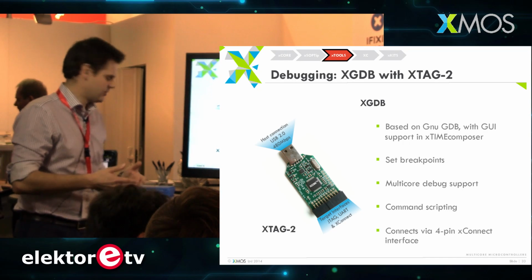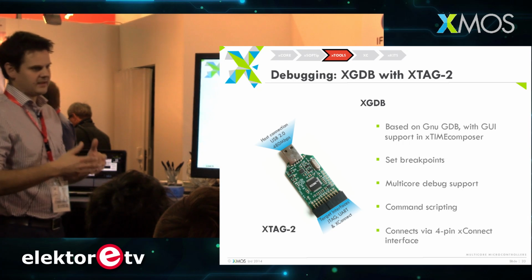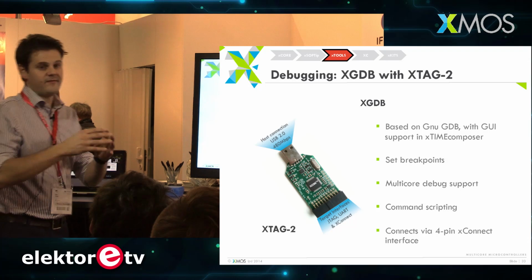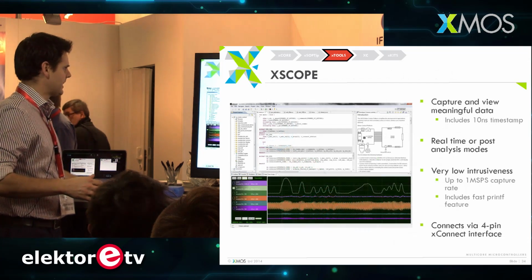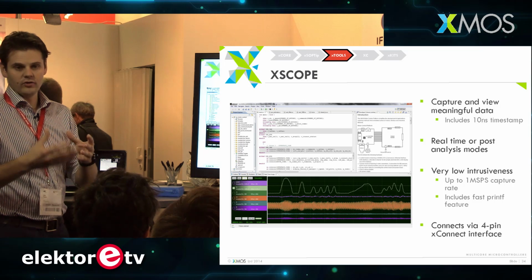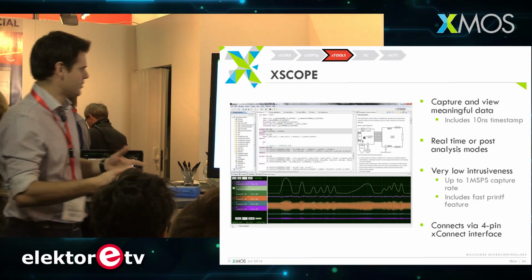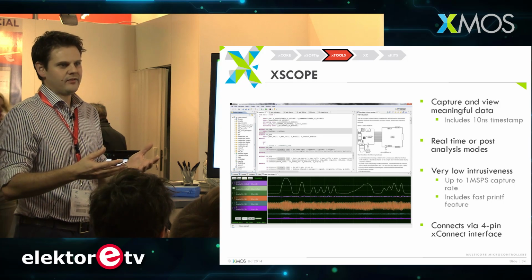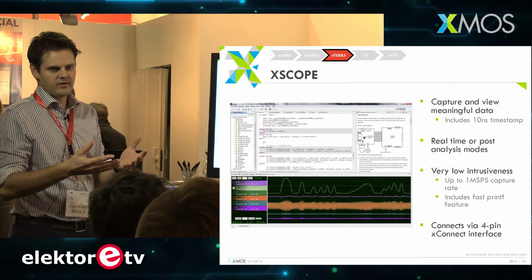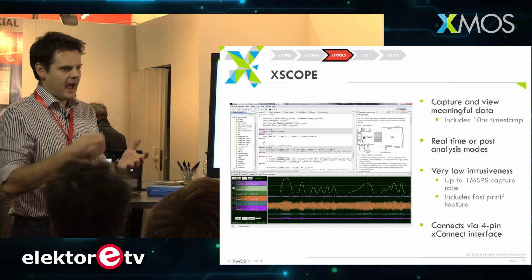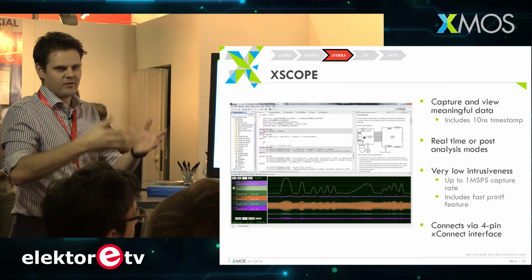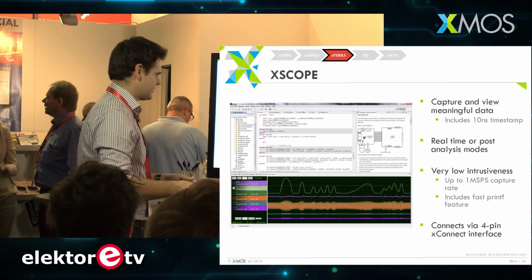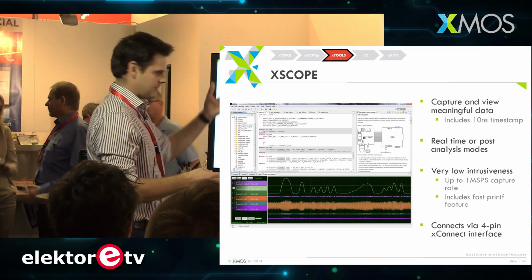So this allows you to do real-time interrogation of signals and values within the chip with very little impact, and I think this is the next slide, very little impact on your code that you're debugging or using, which in a real-time embedded system is imperative. If you're trying to debug a real-time project and you stick a breakpoint in, your real-time project is no longer real-time because everything's halted while it goes and transports that data back to the host for you.